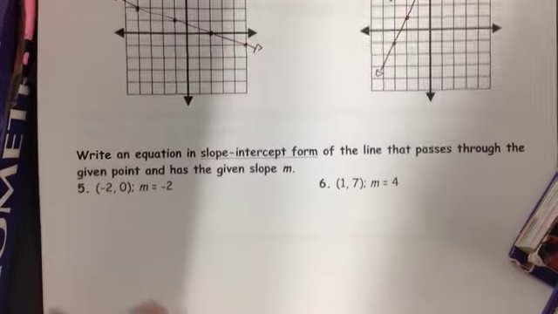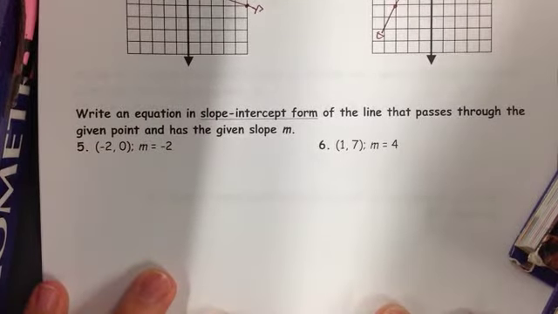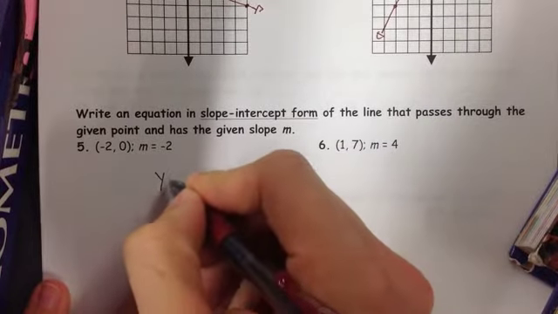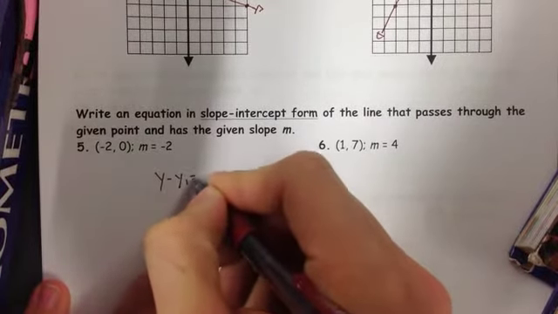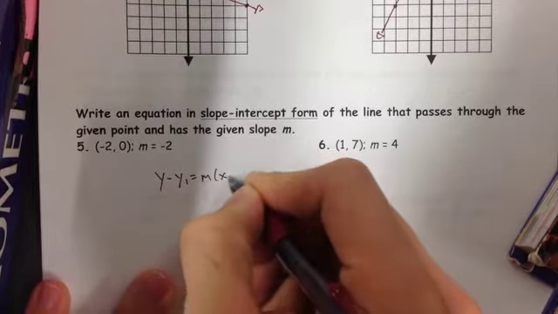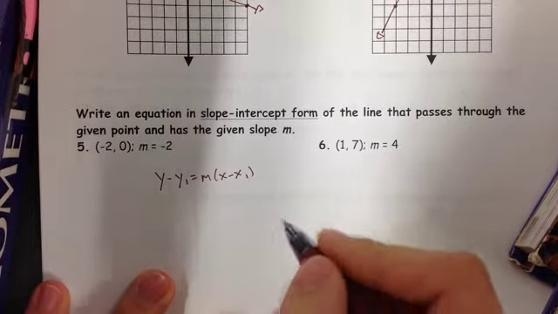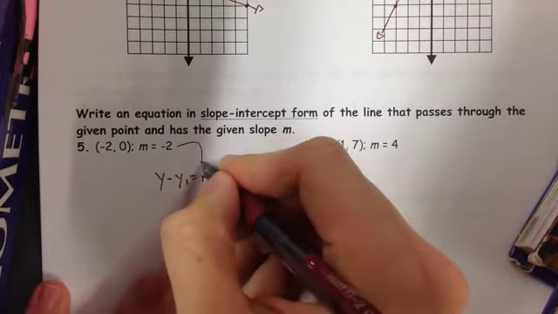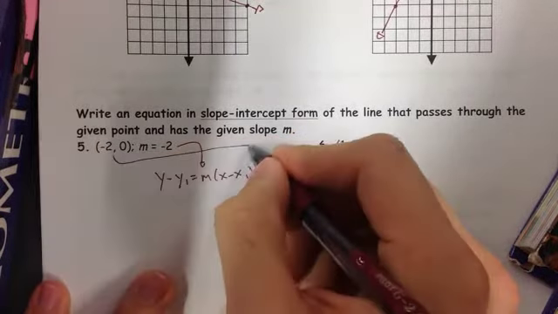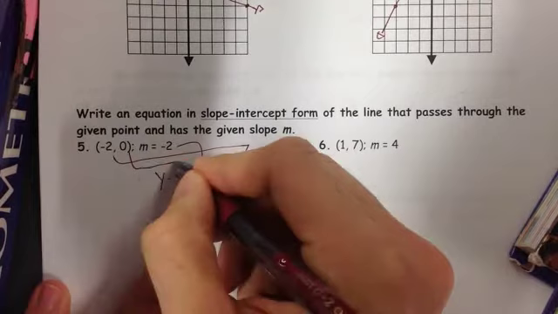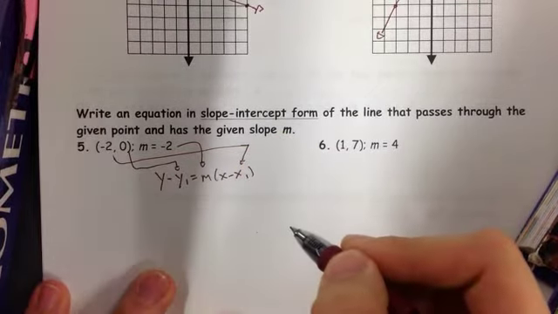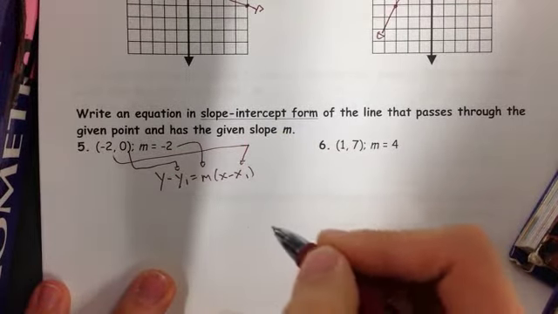Now these two, you'll notice, they want slope-intercept form, so they want it solved for y, but we do not have the y-intercept. So I'm going to have to start in point-slope form. The y minus y1 is equal to m times x minus x1. What point-slope form will do for us is it gives us an equation to drop our information into, but we'll have to solve it for y after we've put everything in.